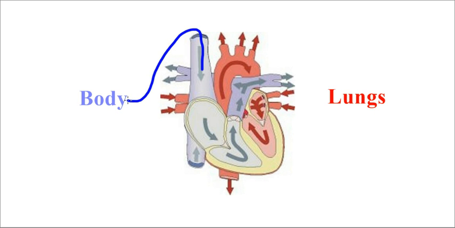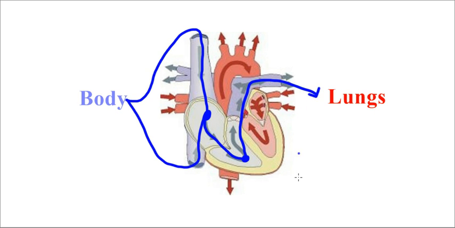So blood returns to the heart via the vena cava and enters the right atrium. The right atrium contracts and sends the blood into the right ventricle, which contracts and sends blood out to the lungs via the pulmonary arteries.